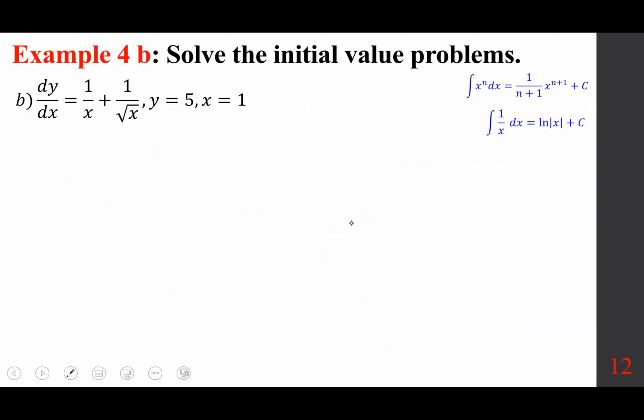Let's look at another example. First and foremost, please understand this means we have the following pair 1, 5, or y of 1 equals 5. That's the meaning of it.